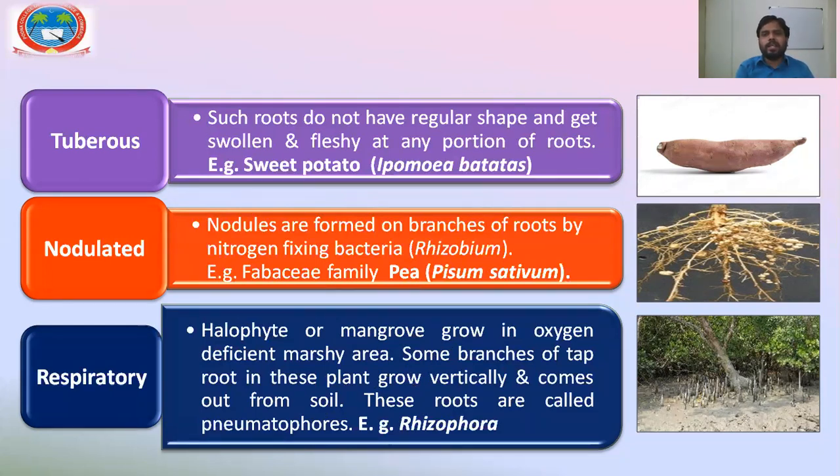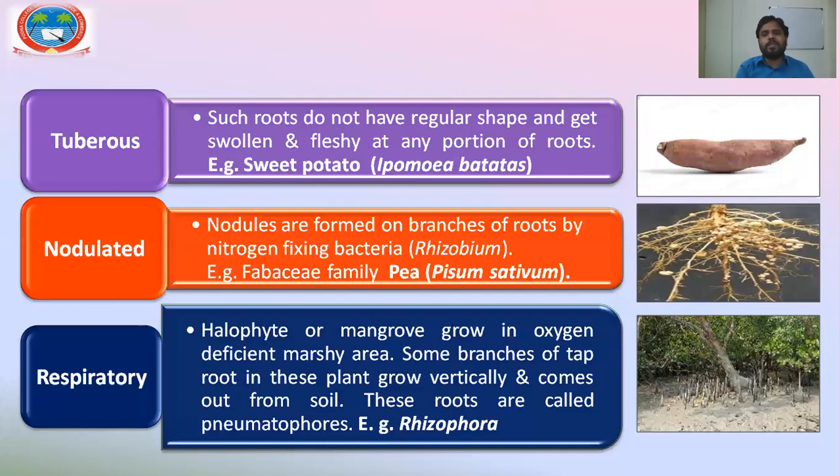That is the general character of the root. But in this type of root, they are positively phototropic, which means they grow towards the sunlight, above the soil surface.